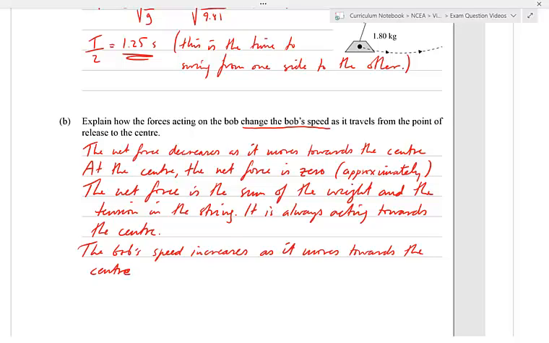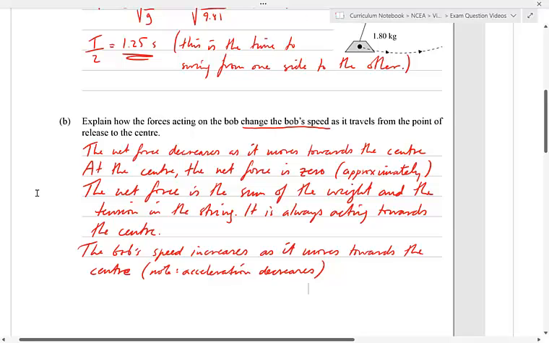The way that we can say that is that the acceleration decreases. And so the bob speed increases as it moves towards the center. Note, acceleration decreases. Okay, hopefully we've said enough there. You can check on the mark scheme after completing the question.